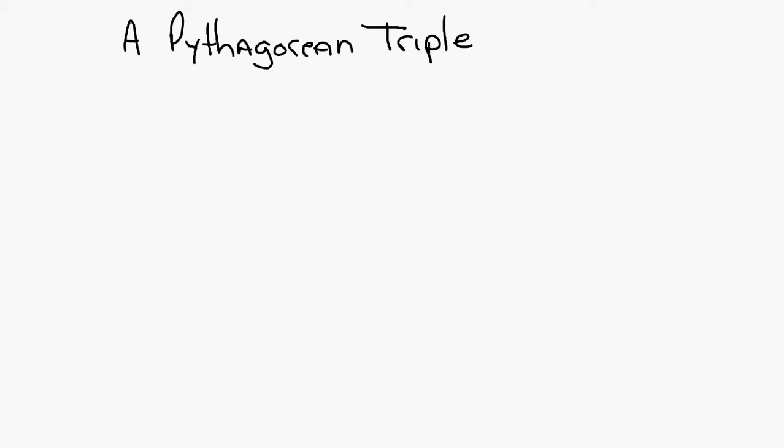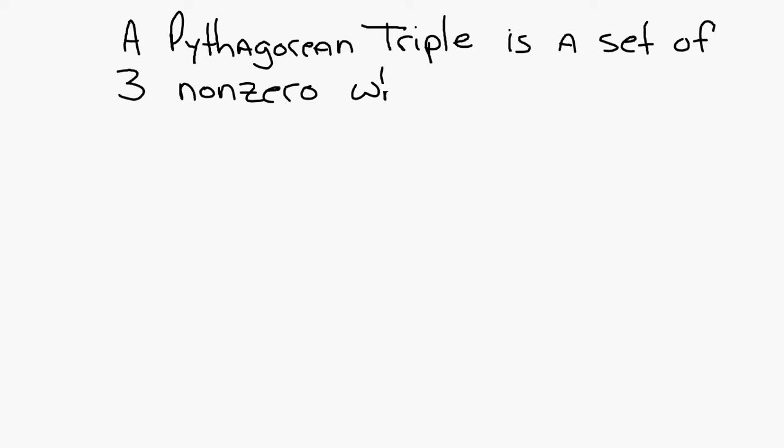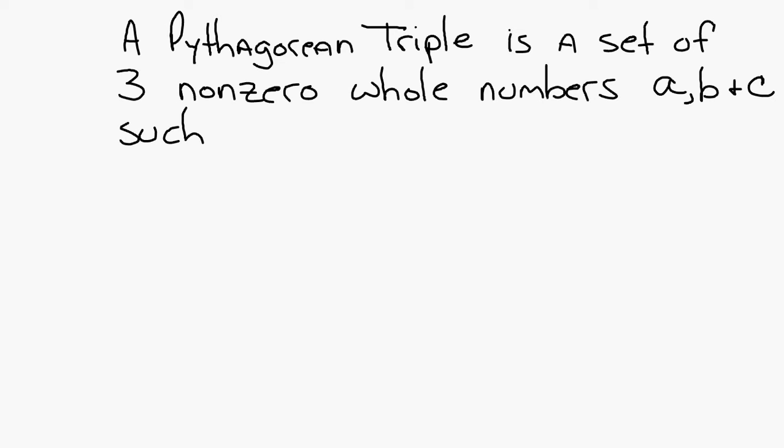A Pythagorean triple is a set of 3 non-zero whole numbers a, b, and c such that a squared plus b squared equals c squared.